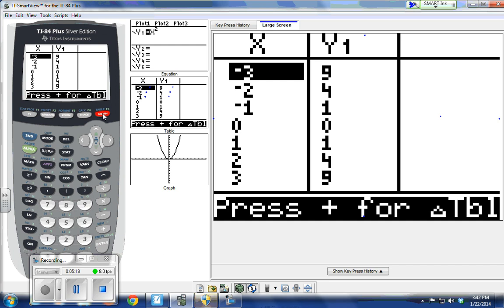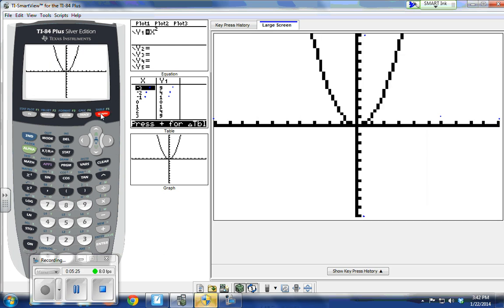Okay, let's go back to the graph. And now we have the graph, and we can see where we have (0, 0), (1, 1), (2, 4), (3, 9), (-1, 1), (-2, 4), (-3, 9).